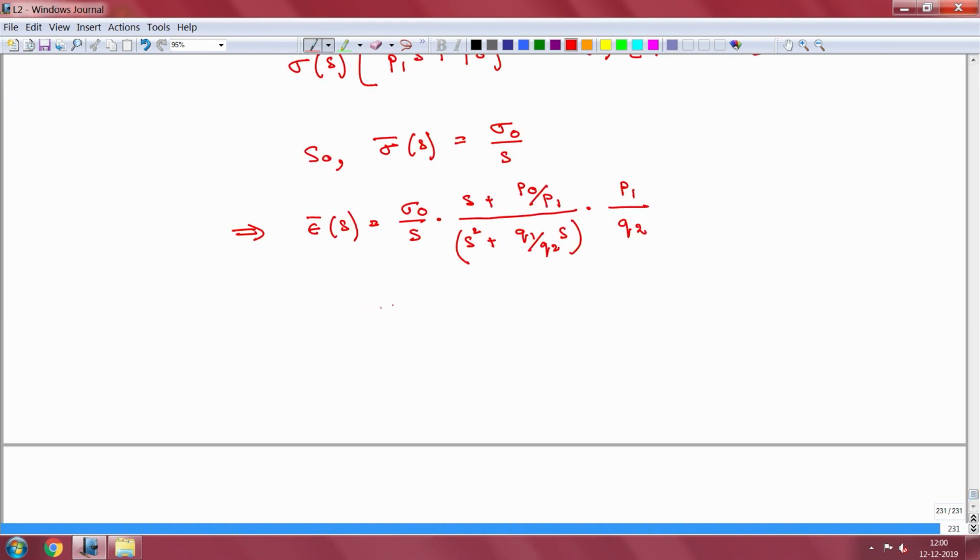So, this Laplace transform is interesting because now you have this s square. So, the denominator now has certain higher powers of the Laplace variable.